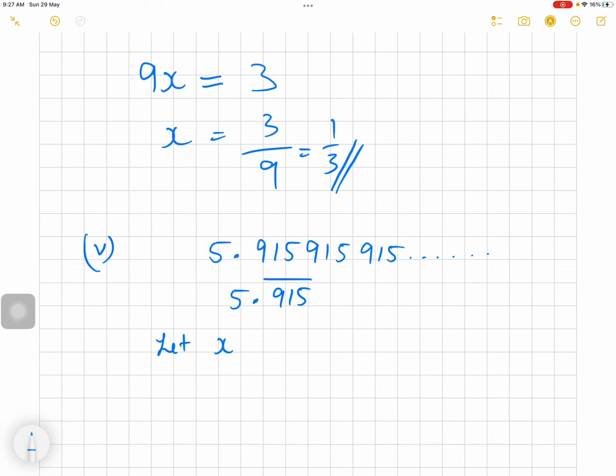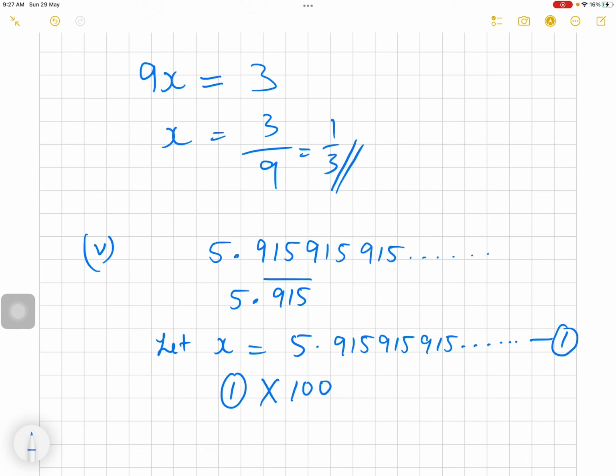Let x is equal to 5.915 recurring, which I'll name as number 1. 3 decimals are recurring, so I'll multiply it by 1000.